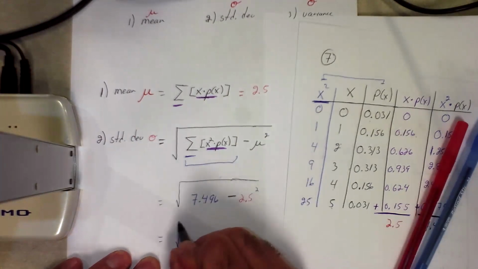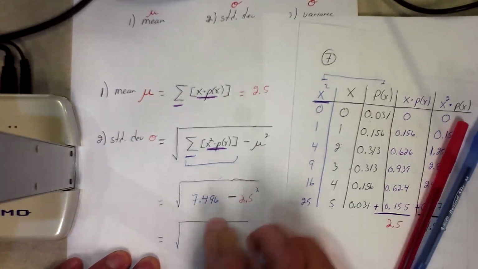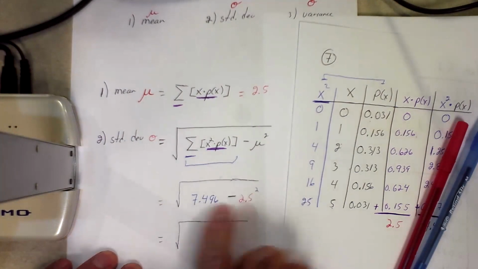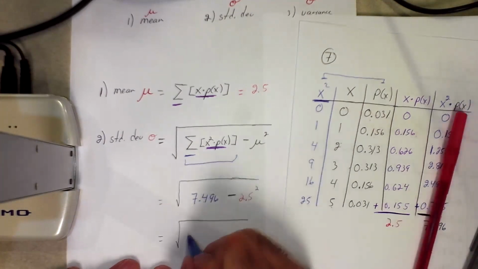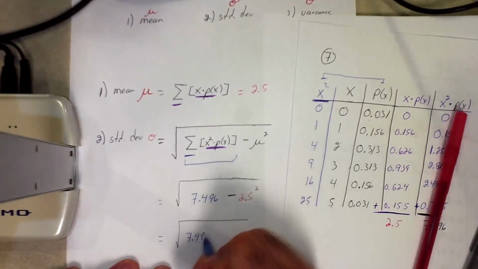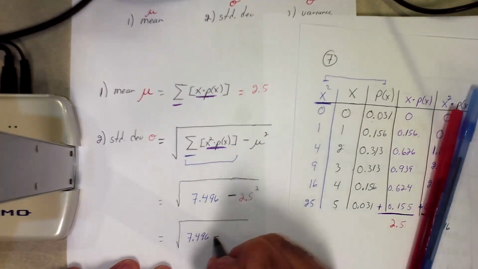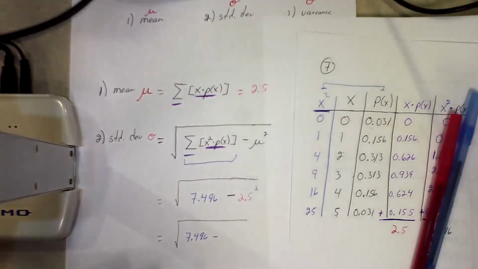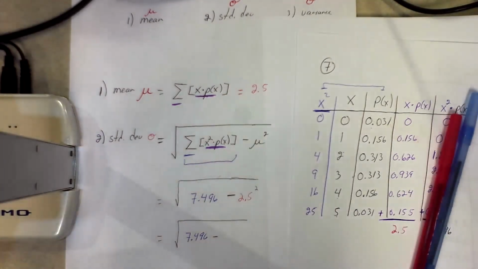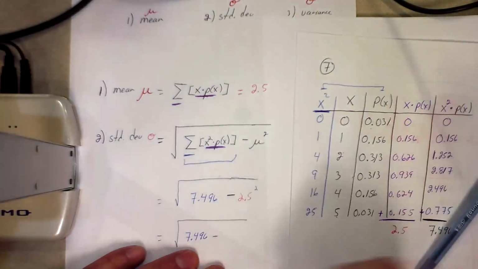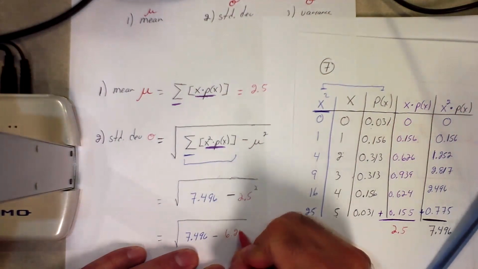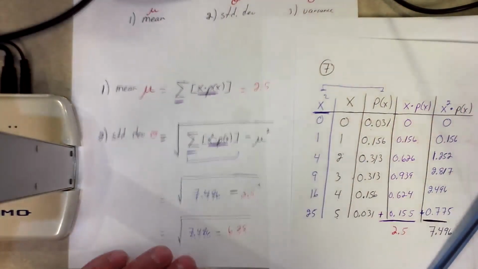You can either type the whole expression inside the square root first, it doesn't matter. I'm going to do it in pieces. So 7.496, minus, I'm going to square 2.5. So 2.5 to the second power is 6.25.